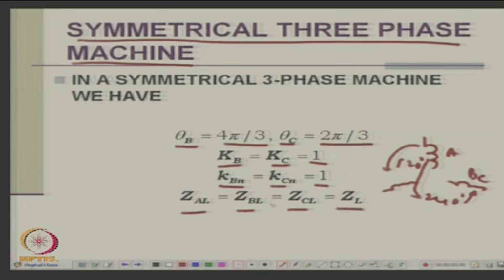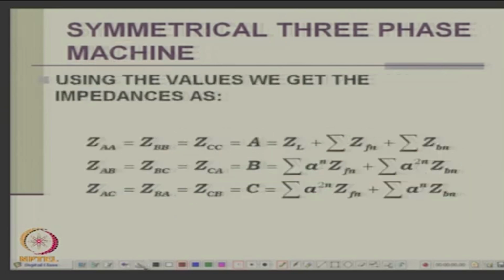So, you are safe. ZAA equal to ZBB equal to ZCC, each with its own ZL plus the sum of all the ZFNs and the sum of all the ZBNs. That will be the self impedance of the 3 windings A, B, C.